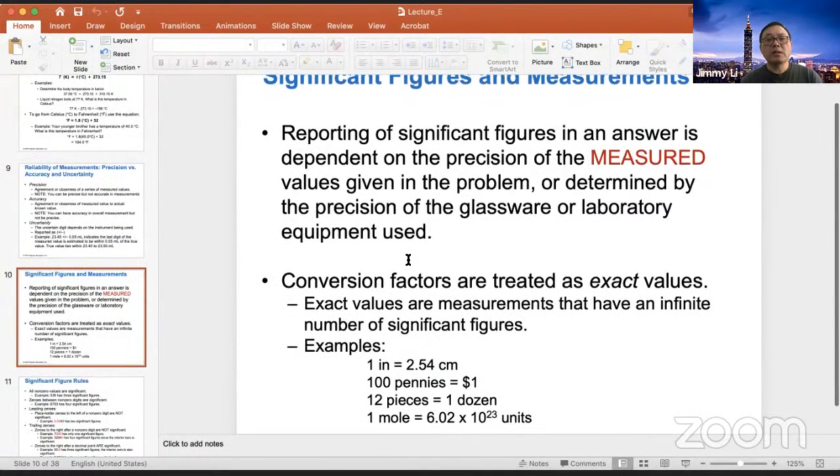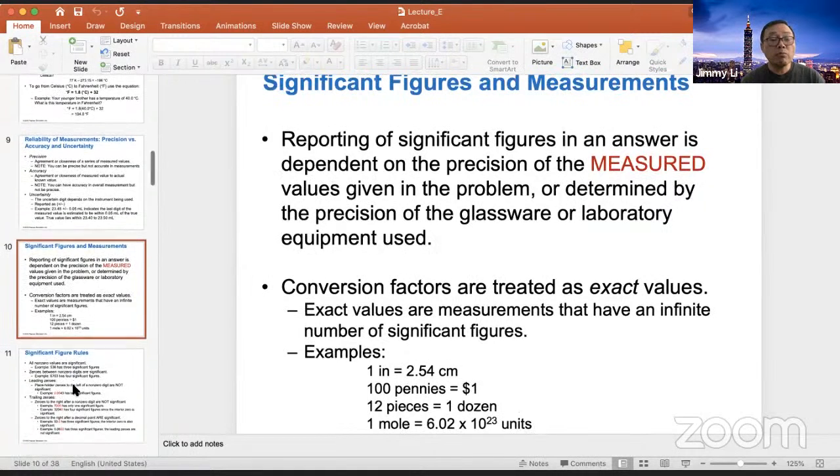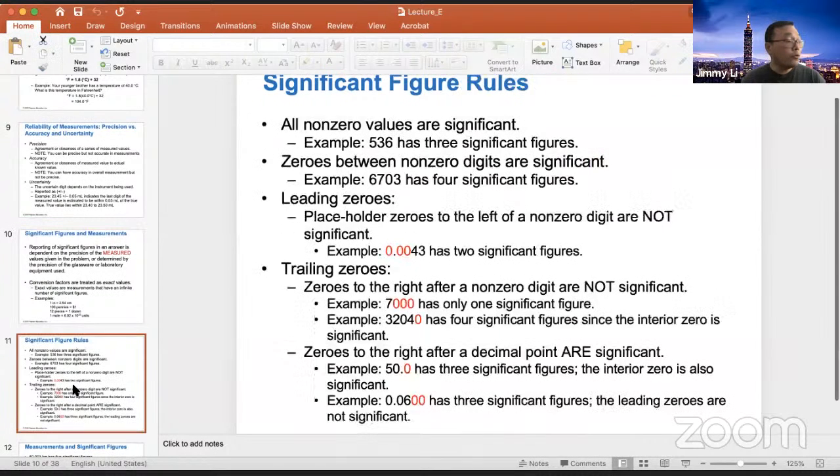Next is something about significant figures, and this is really important. I think this is a review for you, knowing the rules of significant figures. I'm not going to go through the rules in detail. I just want you to know that whenever you count significant figures, it is a continuous process. One more time, it's a continuous process. If you start counting your measurement, you start from your first non-zero digit.